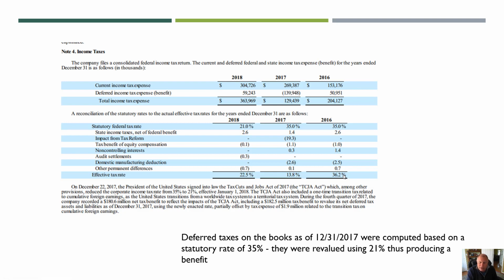Now, the deferred taxes on the books as of 12/31/2017 were computed based on this 35% because it happened in the past. They were revalued using 21%, thus producing this benefit. And that'll be in a lot of our companies. And as we go forward, we want to see trends, so we may need to adjust that.